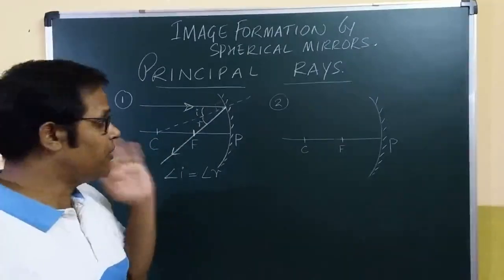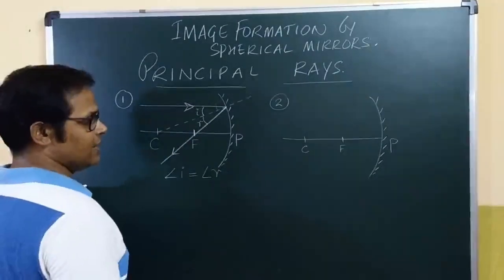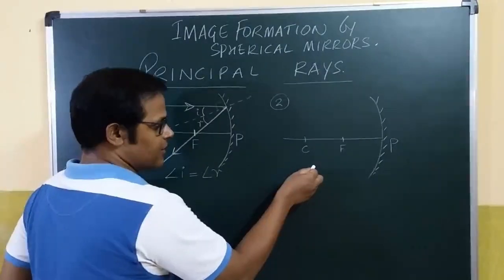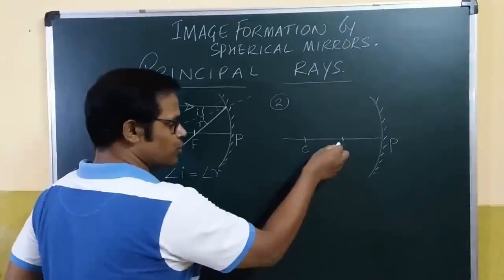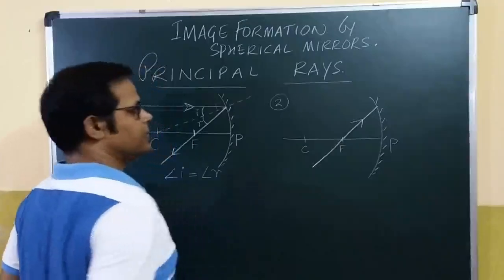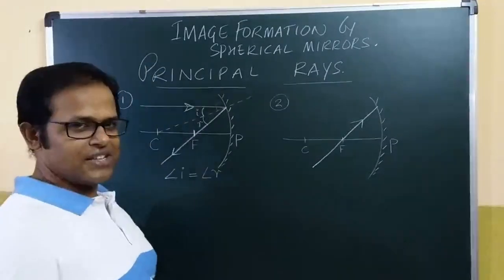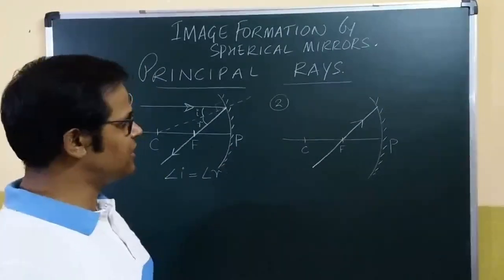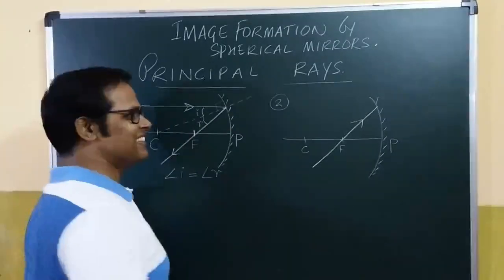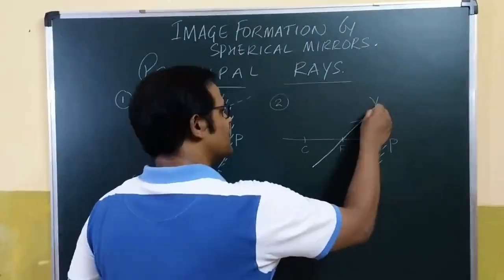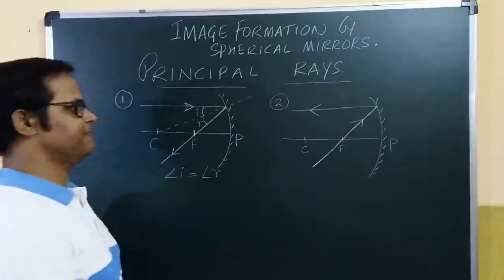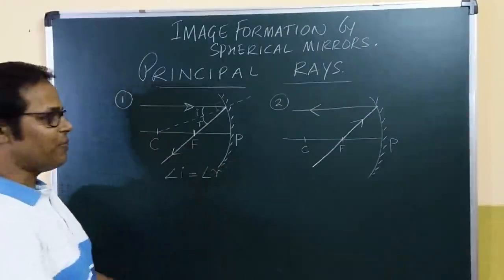The second principal ray valid for concave mirror says that, which is exactly opposite to the first one, in case a ray of light is incident through the focus of the mirror and strikes the mirror, then after reflection, can you guess it? In which way it's going to get reflected? If you just follow this diagram, yes, you got it right. It's going to get reflected parallel to the principal axis. Exactly opposite to each other.